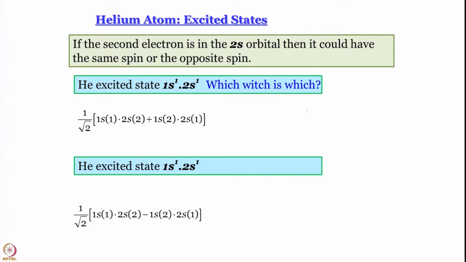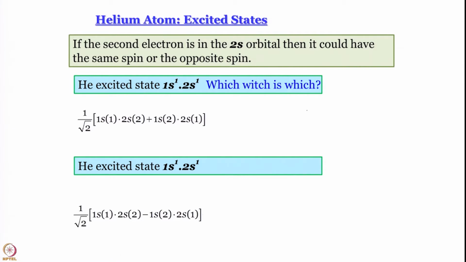So, right away you see that corresponding to a single electron configuration for the helium excited state 1s1 2s1, I have generated two wave functions, only while considering the spatial part. I have not even talked about spin yet. It is not very difficult to see that the first one is symmetric and the second one is antisymmetric.